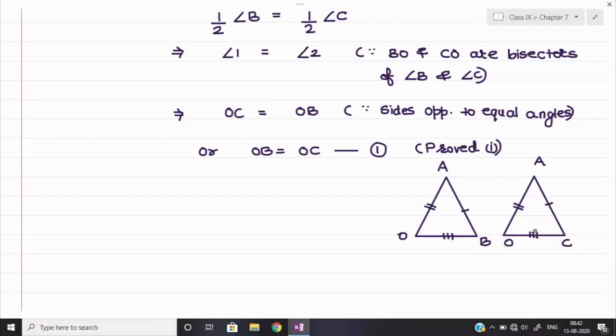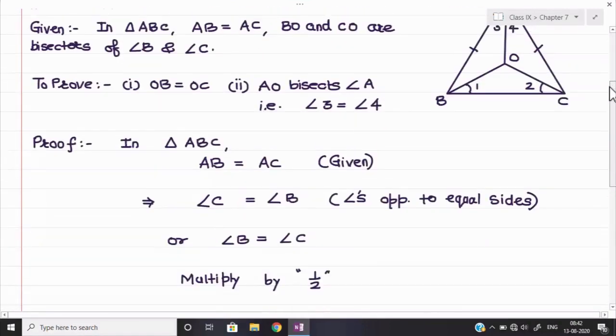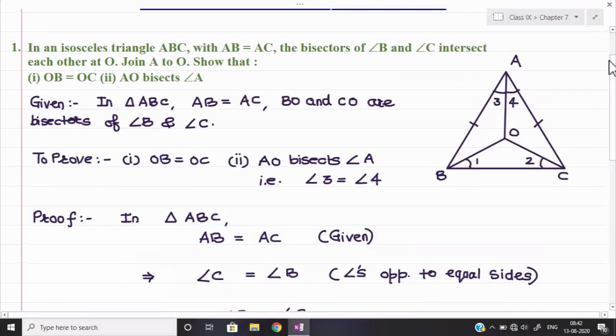And we know that if two triangles are congruent, their remaining corresponding parts will also be equal. Now, who will be the remaining corresponding parts? The remaining angles, because we have not talked about the angles while proving them congruent. So the remaining angles will be equal. Okay, so our task is to prove angle 3 and angle 4. So angle 3, what is the name of angle 3 here?